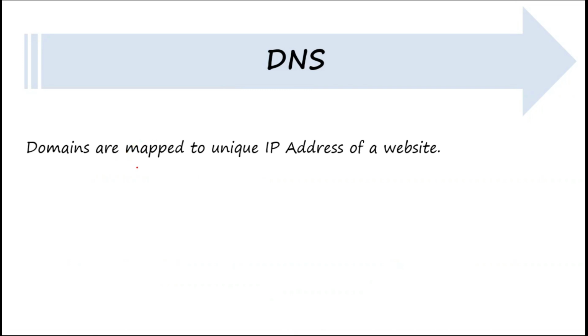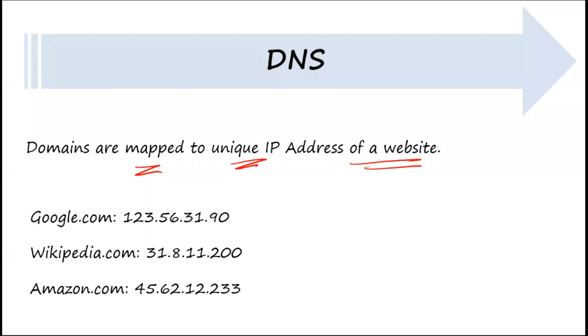So it maps a unique IP address to each of the websites on the internet. For example, if we take a few websites, for instance, google.com, wikipedia.com, or amazon.com. This might be the IP address of google.com. This might be the IP address of wikipedia.com. And similarly, this might be the IP address of amazon.com. So this is what DNS does for us.